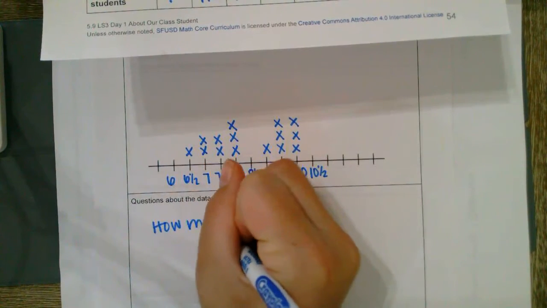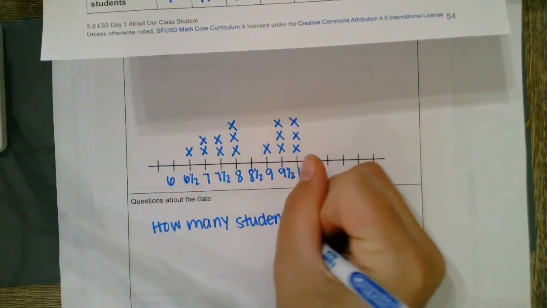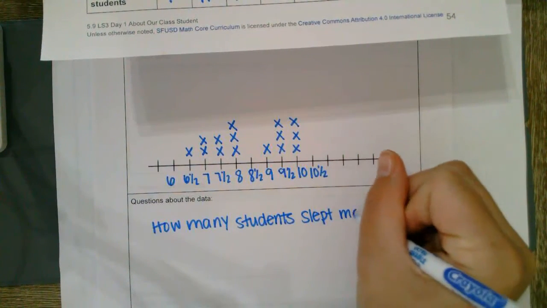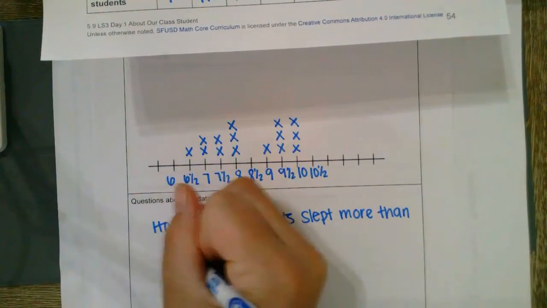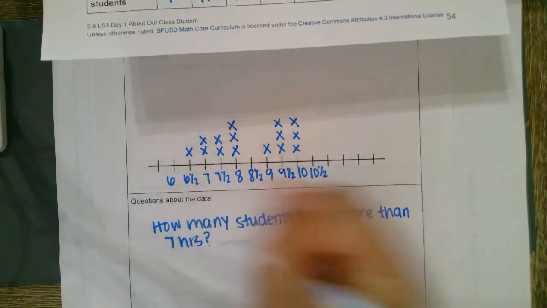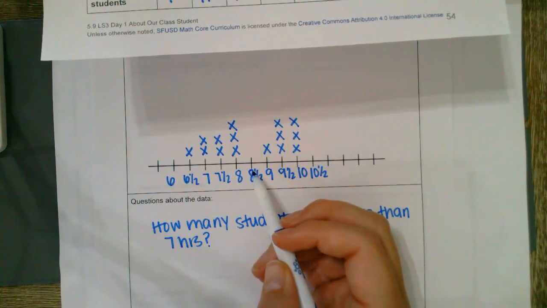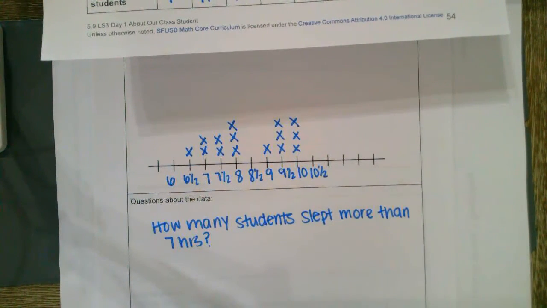many students slept more than 7 hours? So this is a good mathematical question because I need to use the data from here in order to answer it, and there's numbers involved.